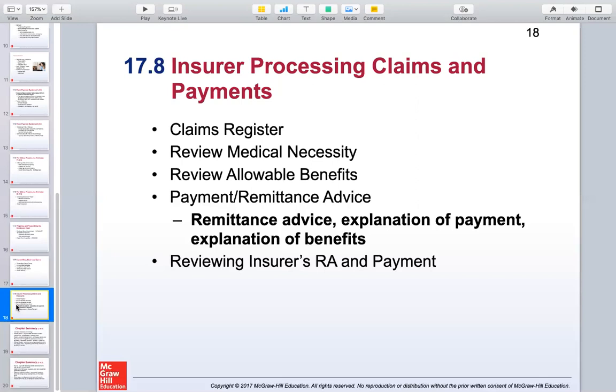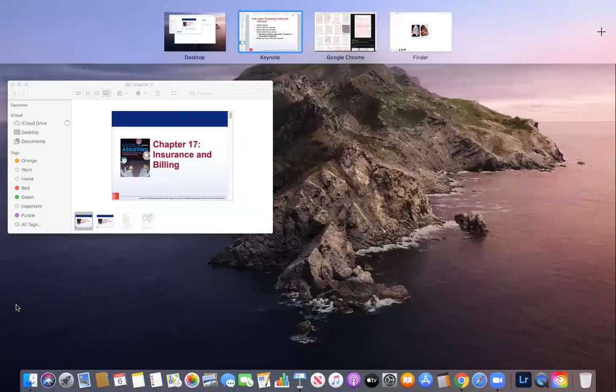Because if we have to go back and correct that because the clearinghouse kicks it back and says there's errors, spelling of the name, wrong date of birth, wrong ID number, that just slows down the claims process, and it ultimately slows down the reimbursement process. So the quicker we can get those claims out, the quicker we can get paid, and that benefits the practice as a whole.